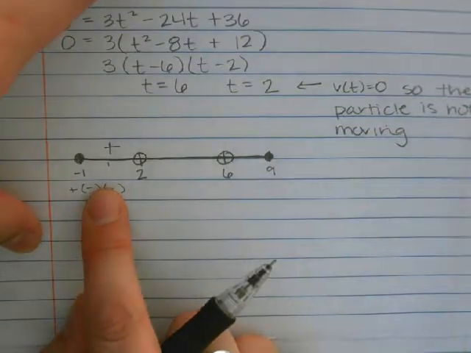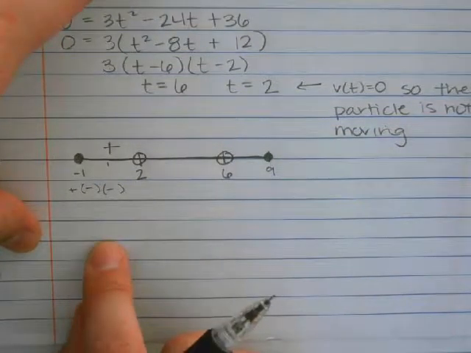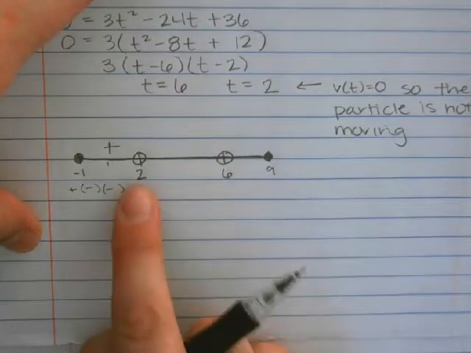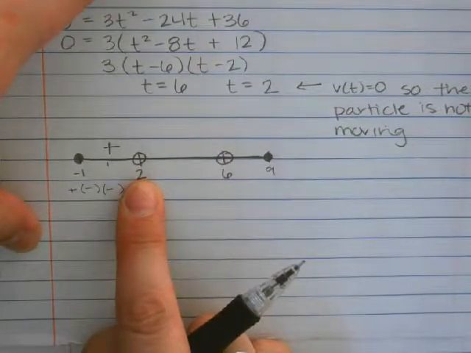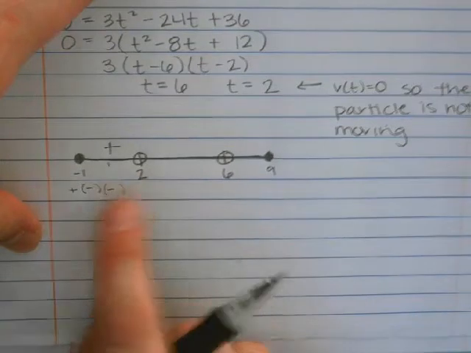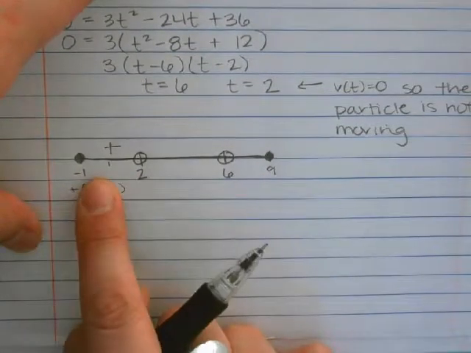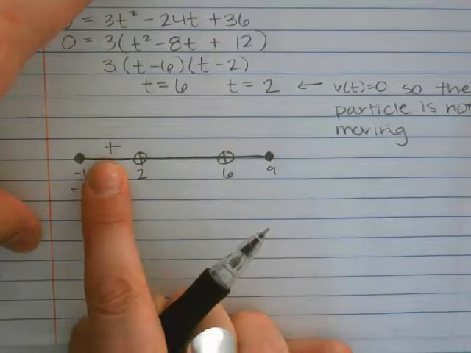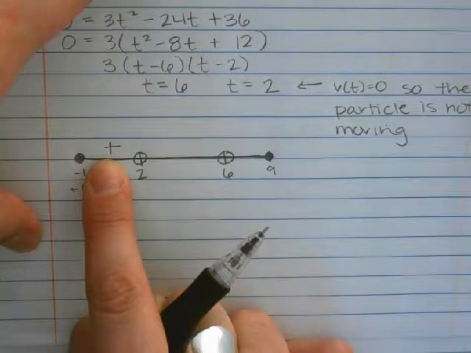Wait, so why did you plug in 1? Because it was between negative 1 and 2, which goes to the left of 2. 2 is a number where I know the particle is not moving at all. So now when I plugged in a number to the left of 2, I can see that between the time of -1 and 2, the particle was moving in a positive direction. It had a positive velocity, which means the particle is moving to the right at that time. Yes? Yeah.